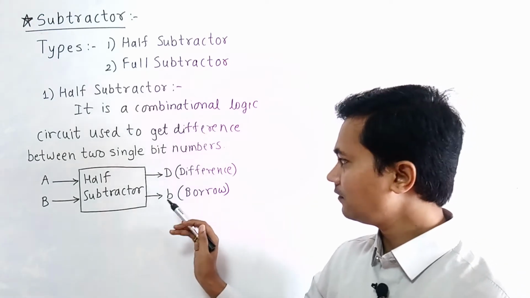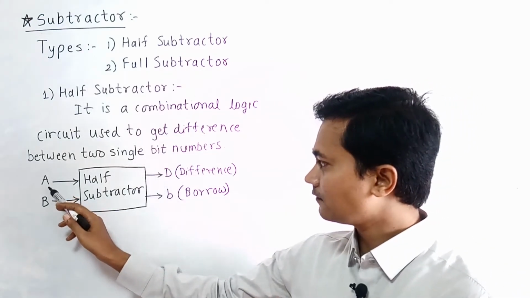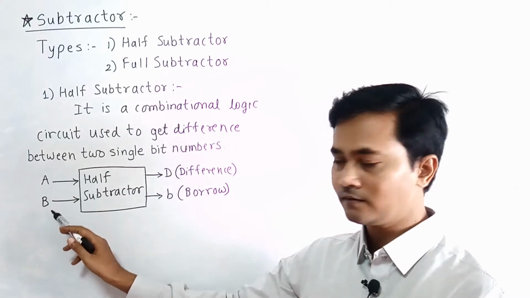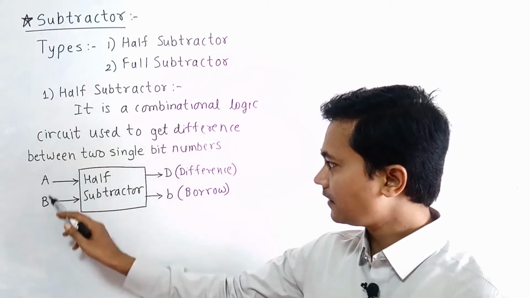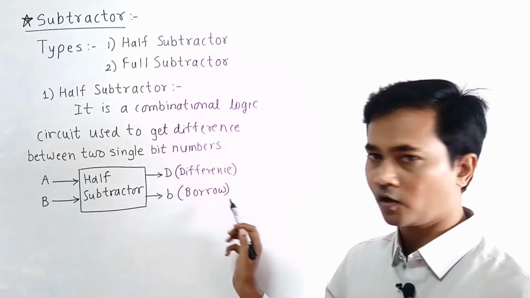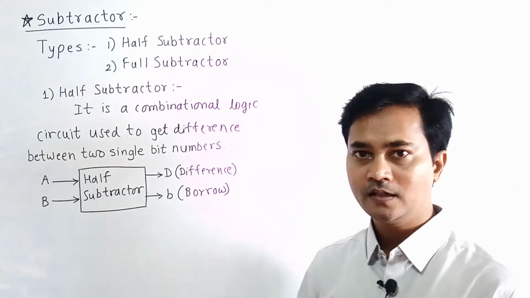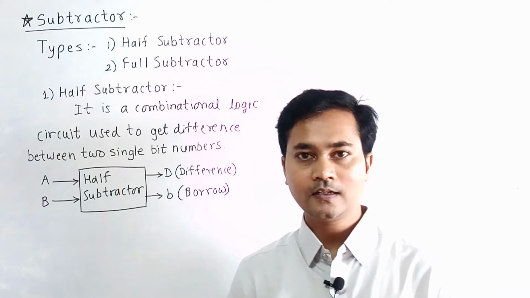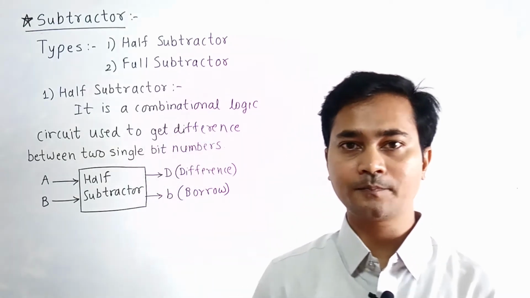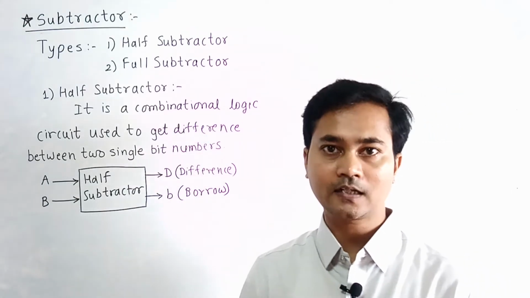Okay, so when A is 0 and B is equal to 1, that time only A minus B will generate the borrow. Okay, and for all other combinations the borrow will be 0. So let us see how to implement the subtractor circuit, that is half subtractor circuit.